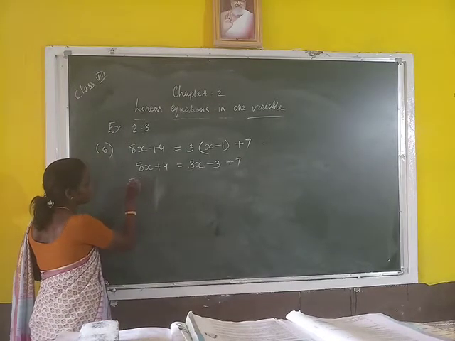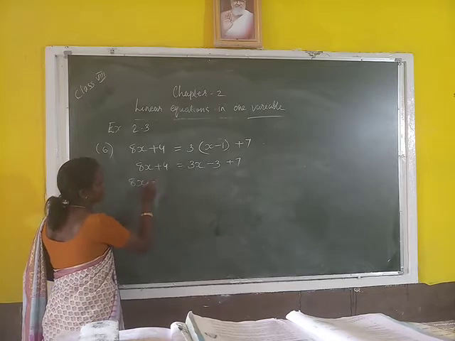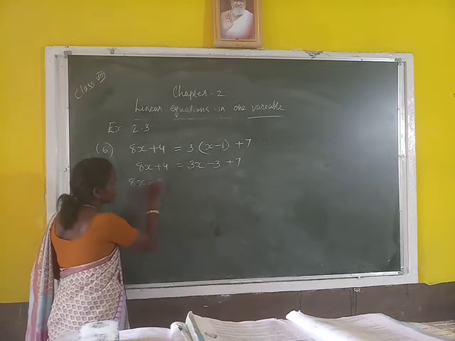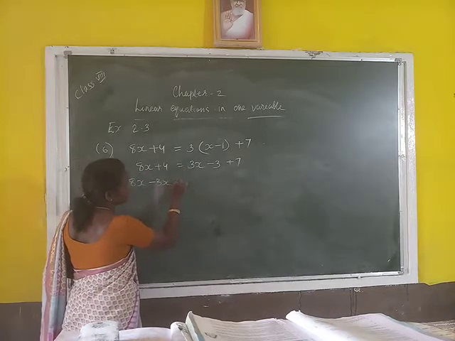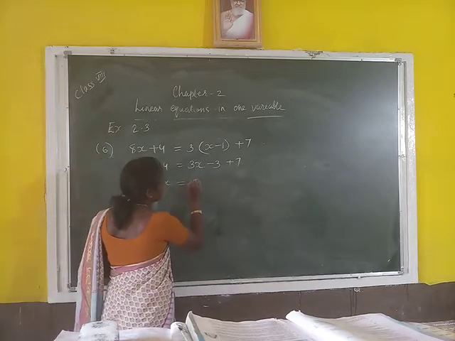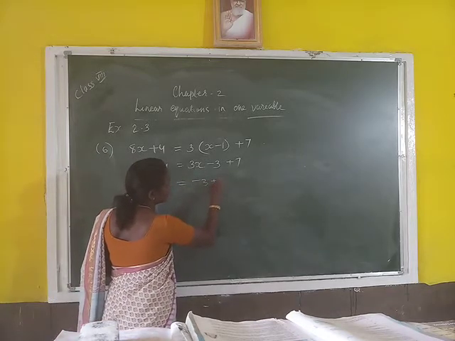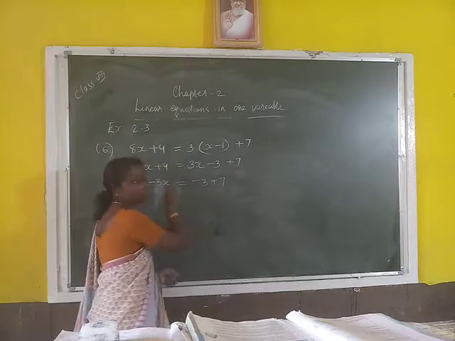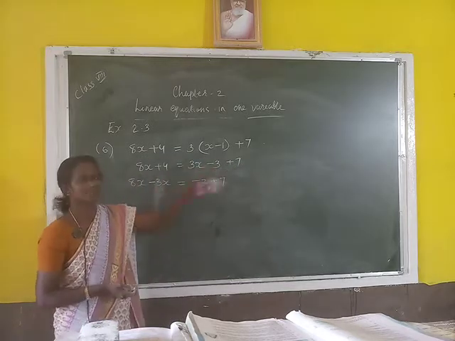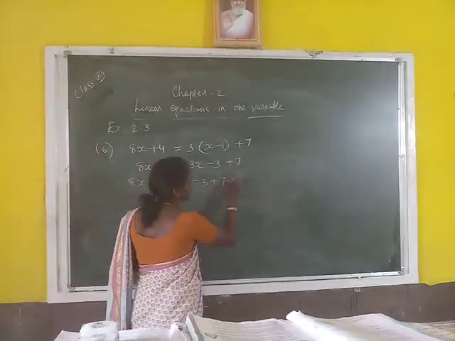LHS side. Then 8x, 3x is positive, so negative 3x is equal to negative 3 plus 7. Then positive 4 goes to which side? RHS side. So negative 4.